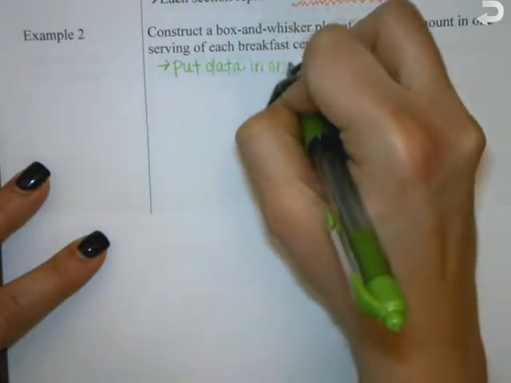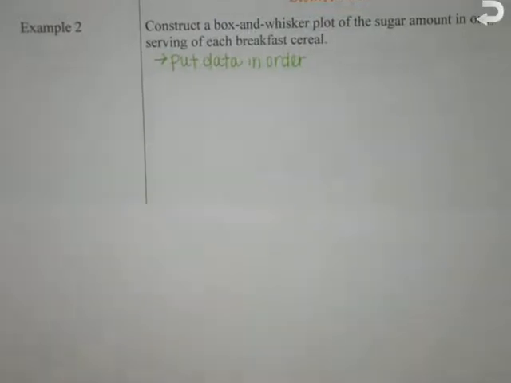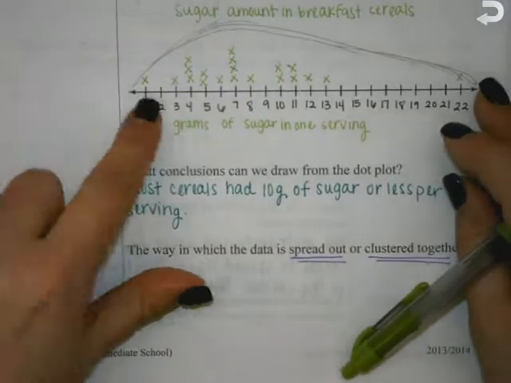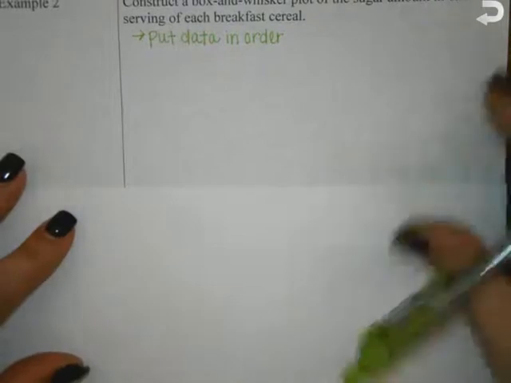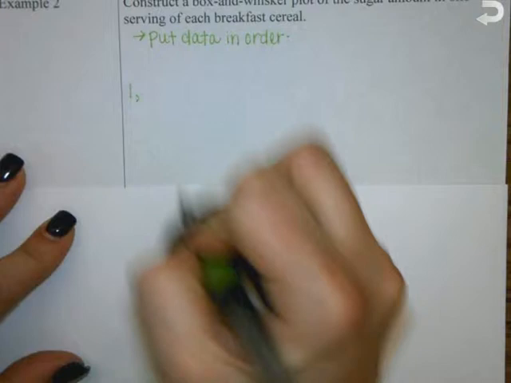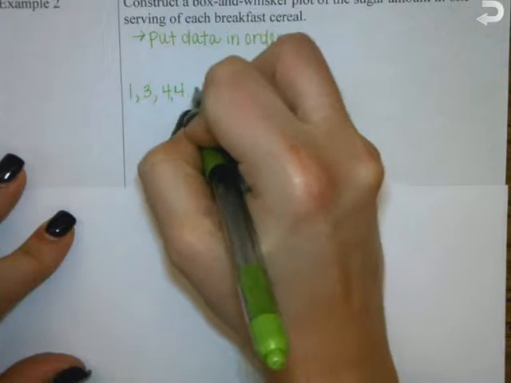Okay, so looking at our data, what might help is if you look at the dot plot that we already made. We have a 1, a 3, and 3 4s. So putting our data in order, we have a 1, a 3, 3 4s. How many 5s?